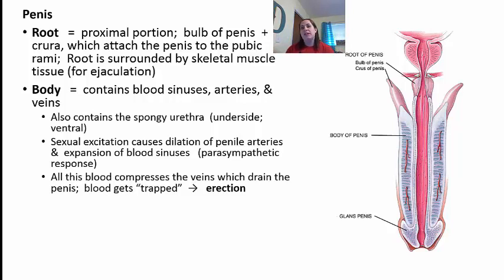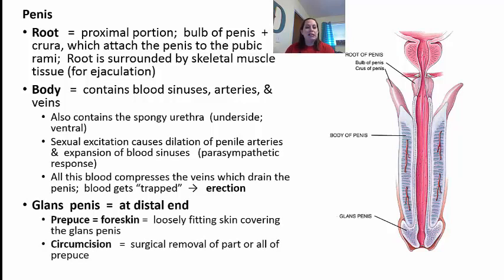This is a parasympathetic response, so the individual needs to be relaxed in order for this to take place, the whole rest and digest. All this blood compresses the veins, though, so it pushes on the veins so that they cannot drain the blood. Since they cannot drain, the blood gets trapped, and this is what causes an erection.